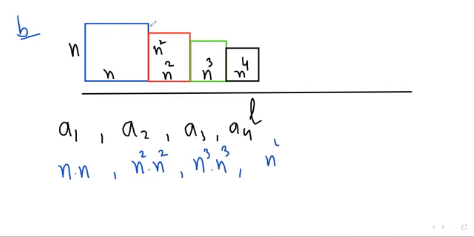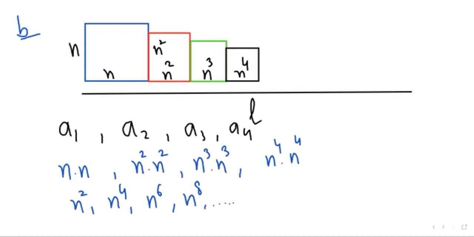This is n to the fourth times n to the fourth. So it would become n squared, n to the fourth, n to the sixth, n to the eighth. It's a geometric progression in terms of their areas and so on.